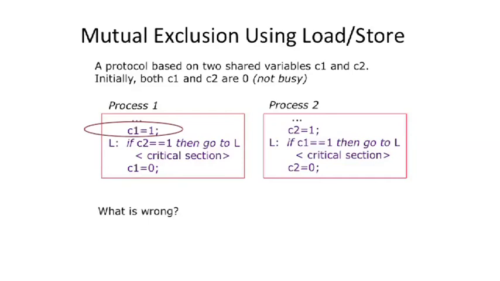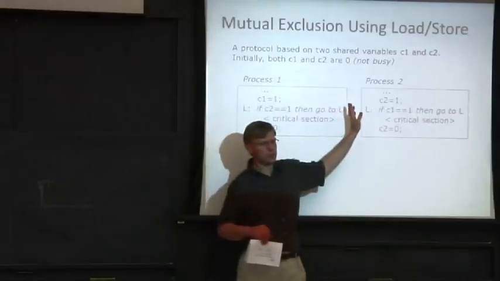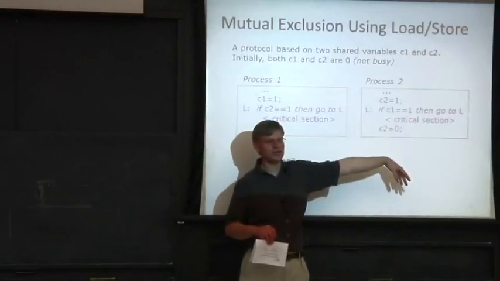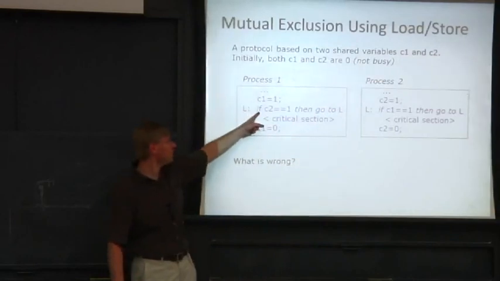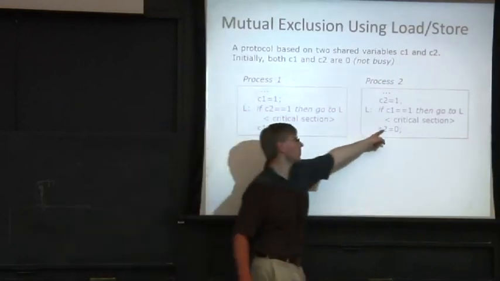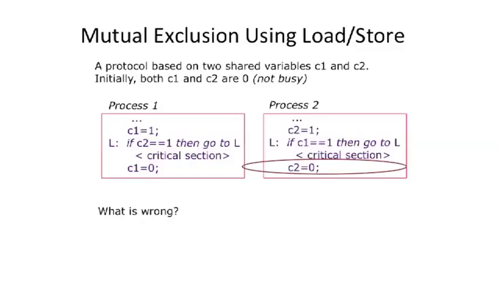These are 2 different variables, C1 and C2, and we're assuming sequential consistency for this. If it sees that the other process wrote C2 to 1, it says, oh, process 2 already won here. Process 2 is going to execute its critical section, so process 1 will sit here and loop until C2 is set to 0 at the end of the critical section.